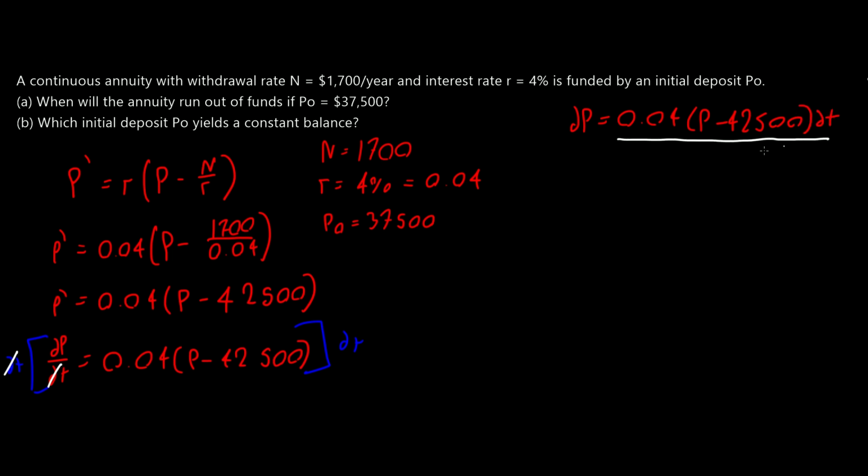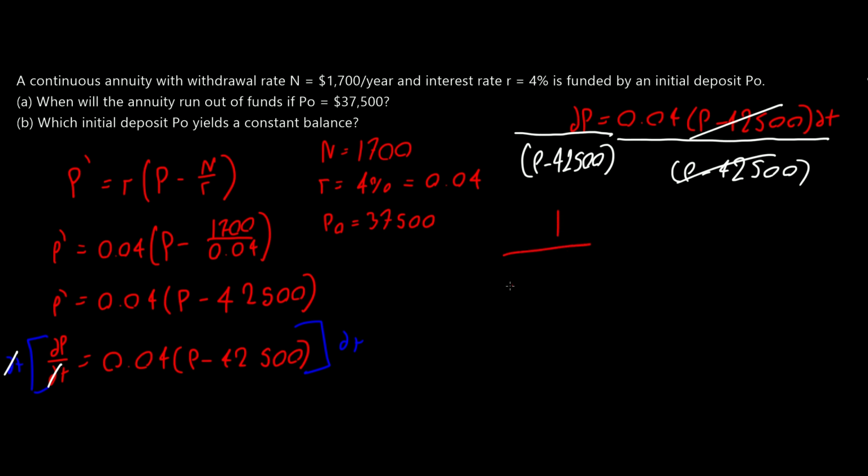You can then divide both sides by p minus 42,500. And then you'll see that these two will cancel. And then you're going to be left with 1 over p minus 42,500 dp equaling 0.04 dt.